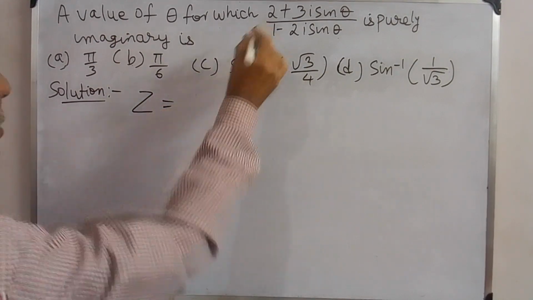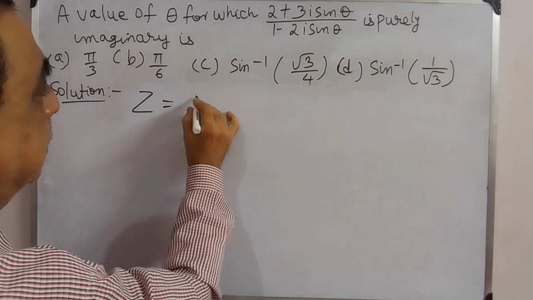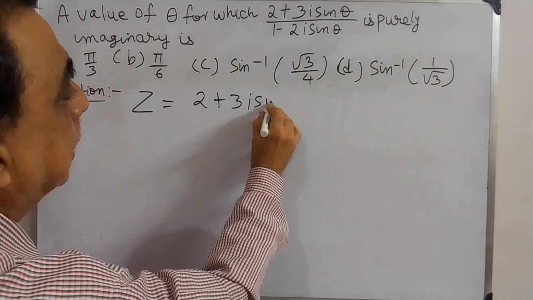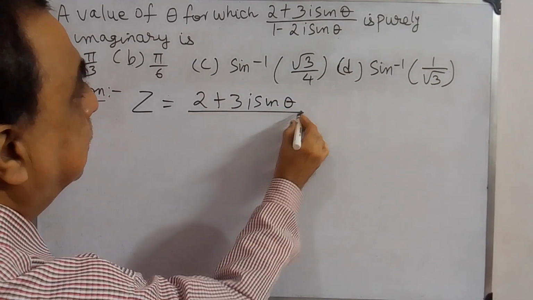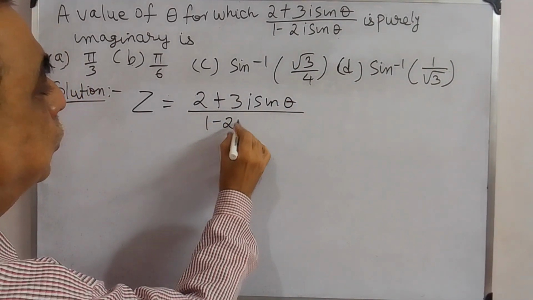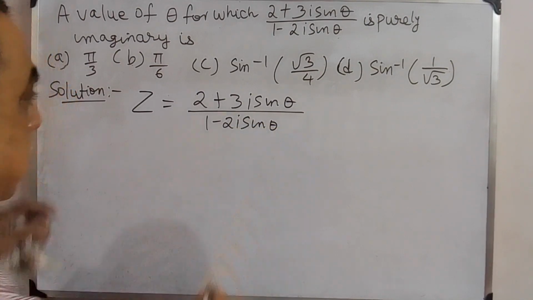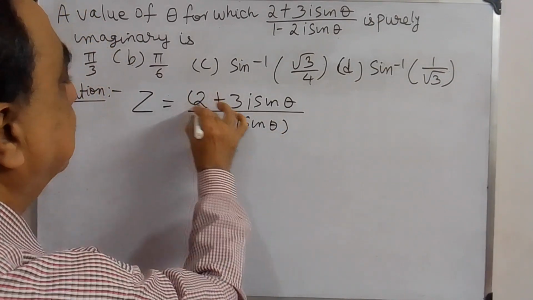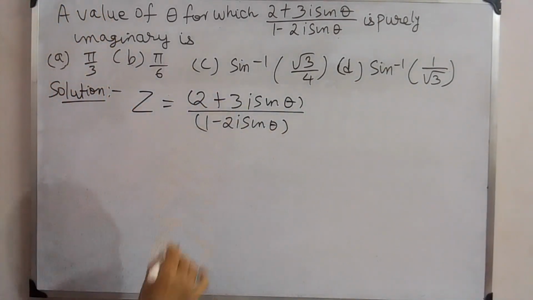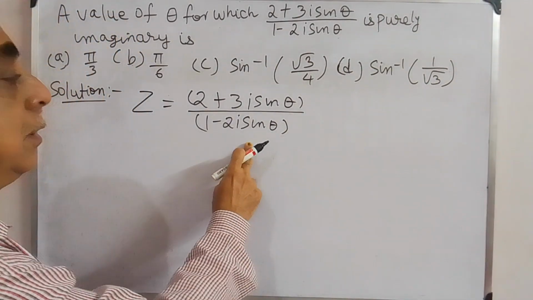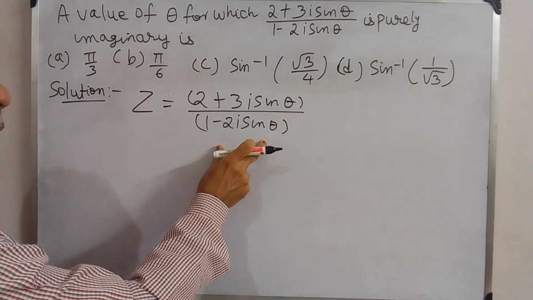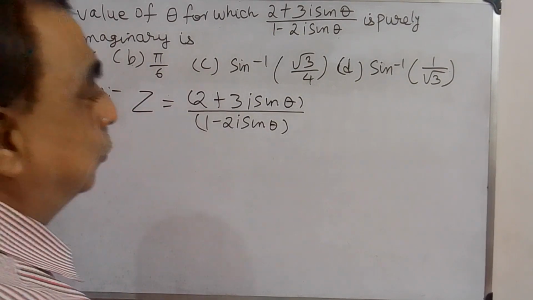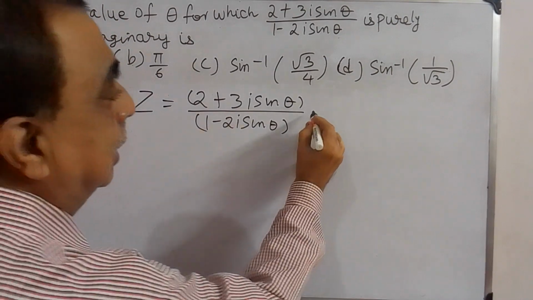Let this complex number be represented by z. So z is equal to (2 + 3i sin theta) divided by (1 − 2i sin theta). Now multiply the numerator and denominator with the conjugate of the denominator. So the denominator will change to a pure real number.